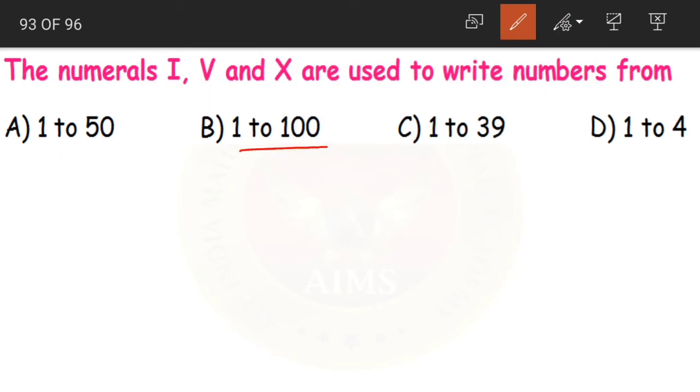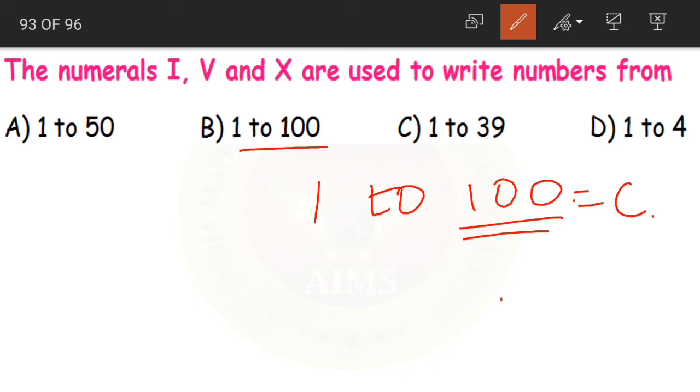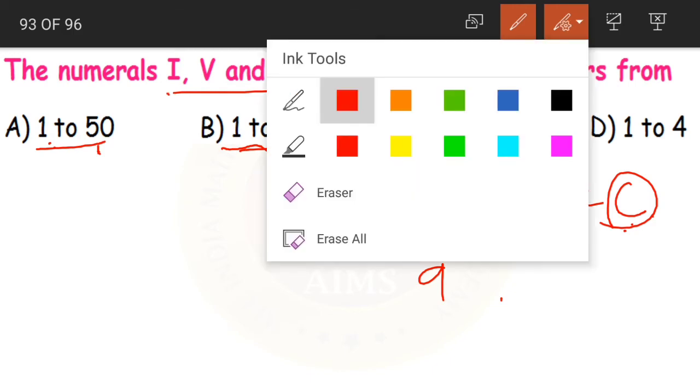Clear? Coming to option B, 1 to 100. Now we know that C is equal to 100. Again, the Roman numeral C is also used. See children, when we cannot write 1 to 50 only, can we write 1 to 100 using only IVX?